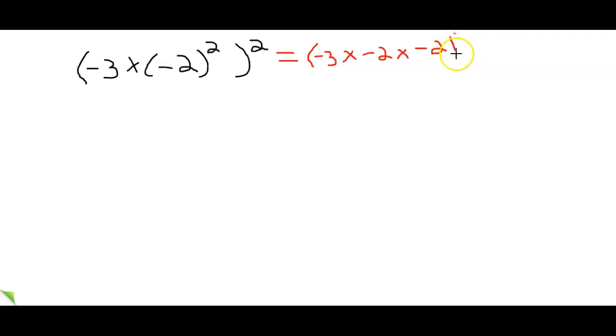Good, because it's negative 2 squared, whenever you are squaring a number, you multiply the number by itself. So negative 2 squared equals negative 2 times negative 2.